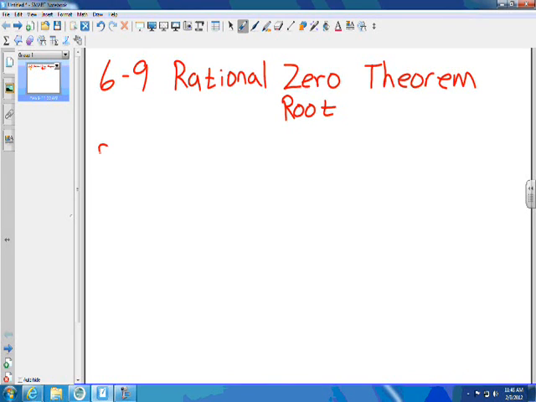So if we have the function f of x equals 2x to the third minus 11x squared plus 12x plus 9. If I told you I want you to find all the places that it crosses the x-axis, many of you would not at this point be able to do that.